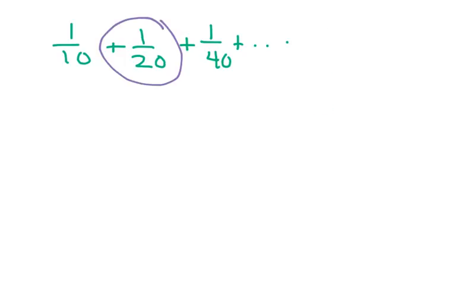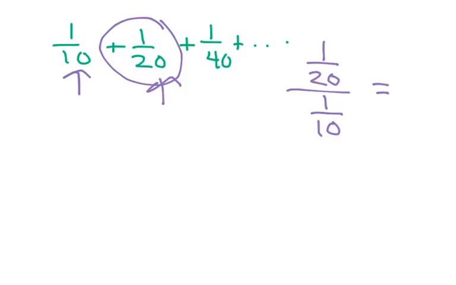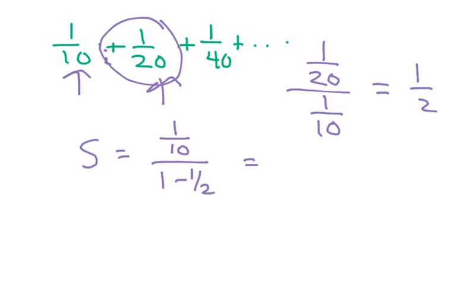You take the current term and divide it by the previous term. So that's 1/20 over 1/10, which gives you 1/2. And you don't even have to do that, you can see we're multiplying by 1/2 here. So my sum is my first term over 1 minus 1/2, which is 1/10 over 1/2, which equals 1/5.